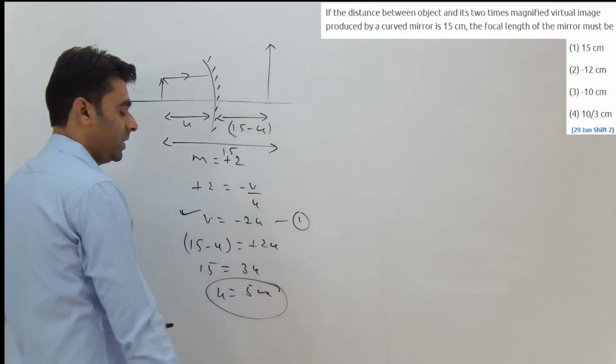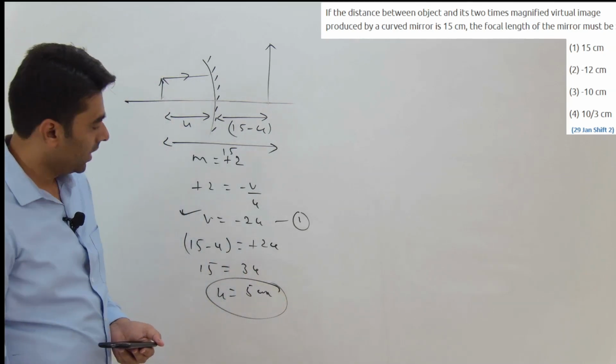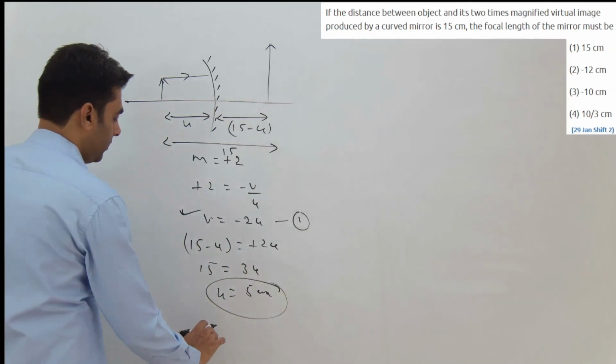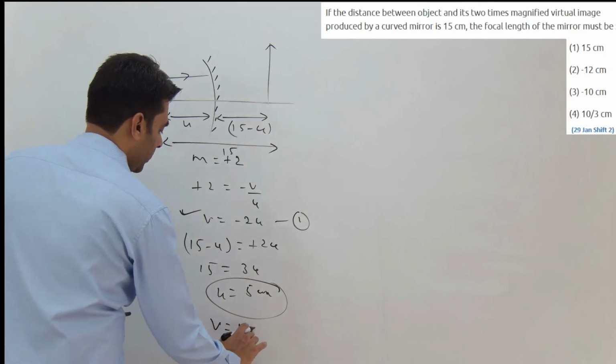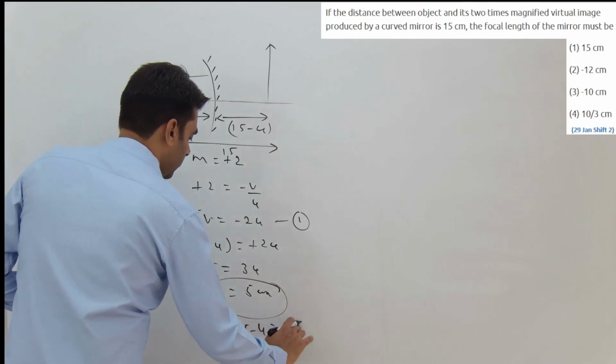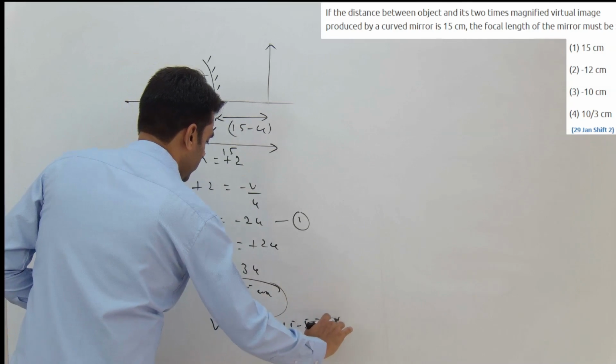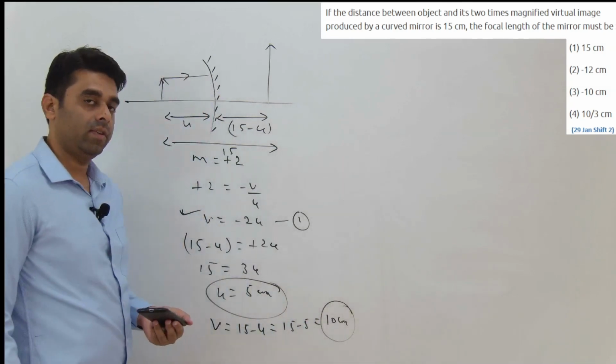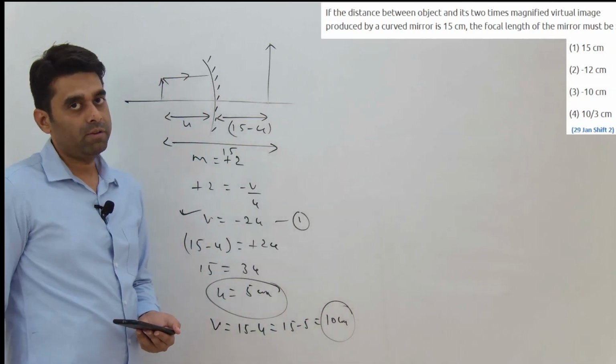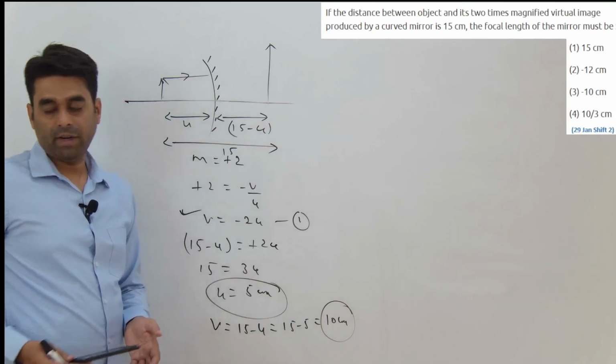So the object is placed at a distance of 5 centimeter. If the object is placed at a distance of 5 centimeter, V value is 15 minus U, that is 15 minus 5, 10. So the image distance is 10 centimeter, object distance is 5 centimeter, right? Now let us find out focal length.